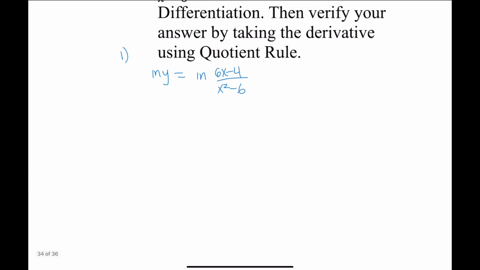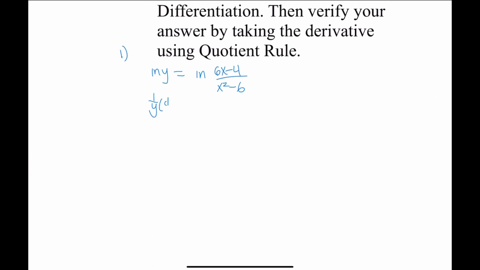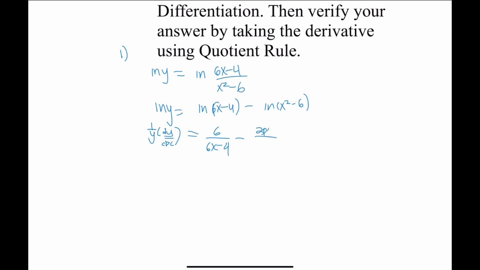So yeah, 1 over y, no, before that, you need to distribute this. ln y equals ln 6x minus 4 minus ln x squared minus 6. So 1 over y dy over dx equals 6 over 6x minus 4 minus 2x, chain rule, sorry, 2x over x squared minus 6.